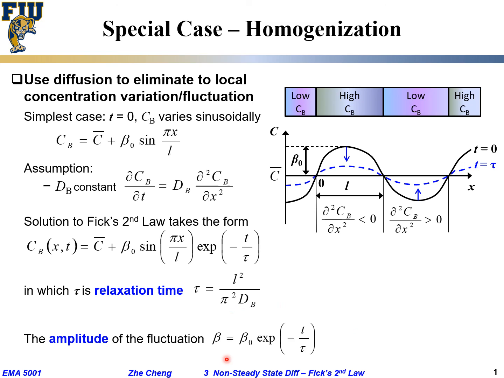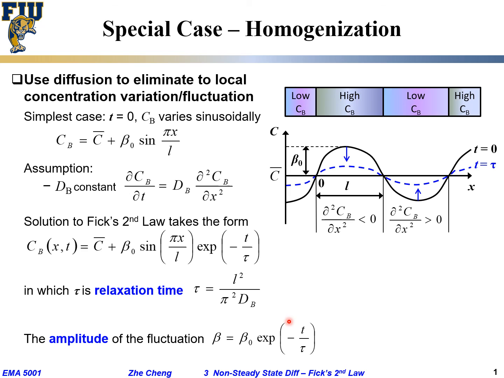How much smaller? It's modulated by this exponential term. And of course, when the time goes to infinity, a very, very long time later, this exponential term goes to 0, which means the relative amplitude becomes 0. Everything becomes uniform. Make sense? That's the amplitude of the fluctuation.